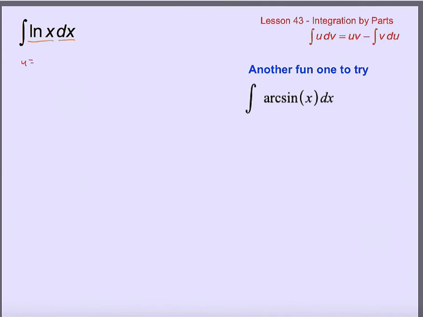If we think of ln of x as our u and our dx as our dv, like I said, we can differentiate ln of x. Its differential is, since du dx is 1 over x, du by itself would be 1 over x dx. And the antiderivative of dv is v, and the integral of dx is just x.